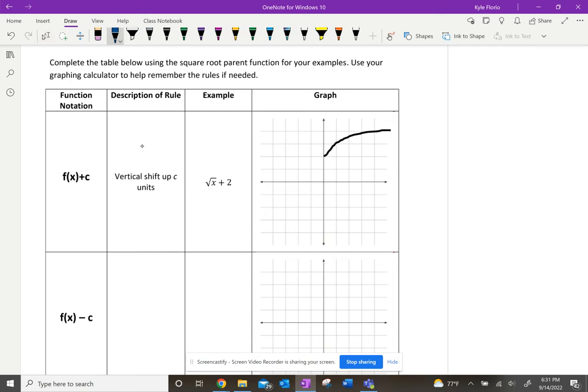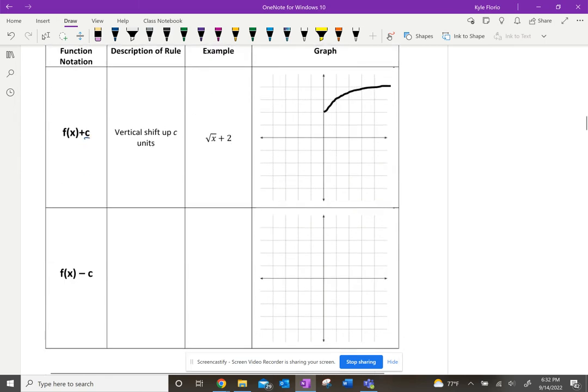Suppose I had my function and I'm adding some constant to it. That's going to shift it up whatever that number is units. So if I took the square root function and I added 2 to it, instead of being right here, every point is going to go up 2 units. Okay. So I'm going to erase that. So that is what that's going to look like. If you subtract them, it's just going to go down.